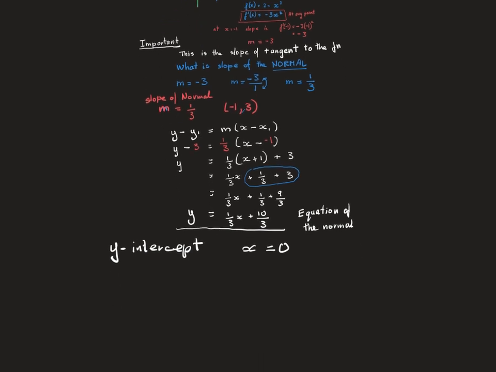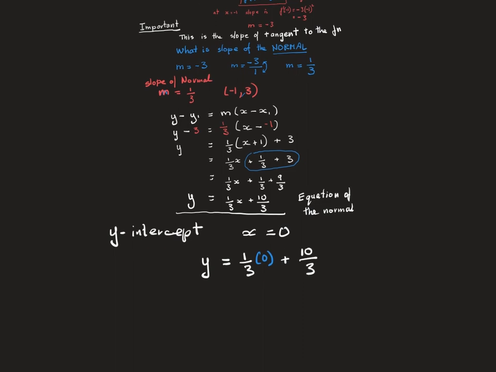So if I substitute x equals 0 into the first term and add 10 over 3, it is obvious that the first term is actually 0, and the value for that is 10 over 3.